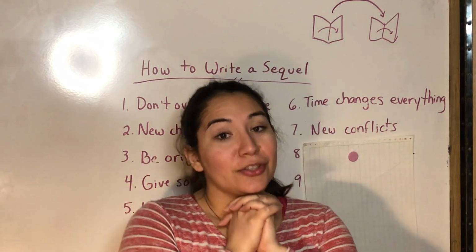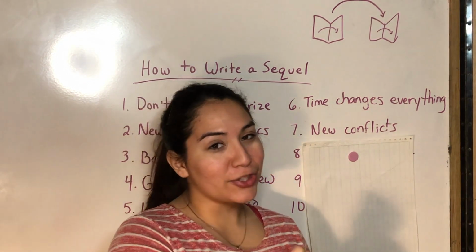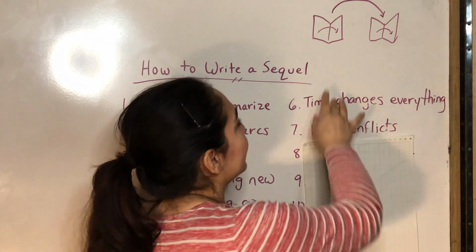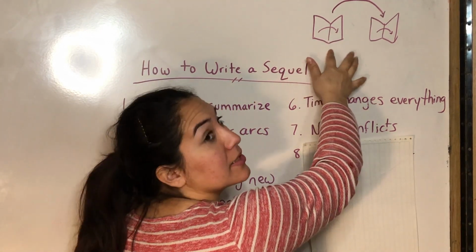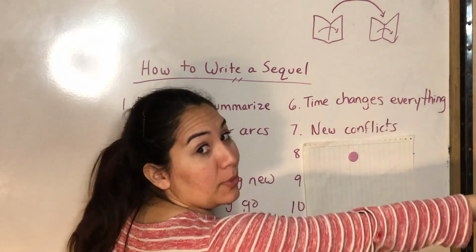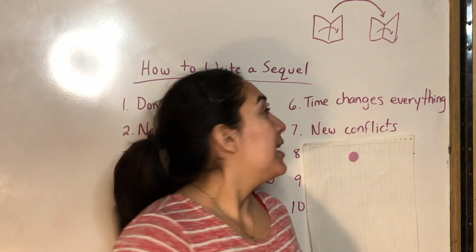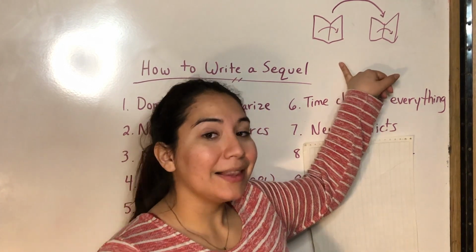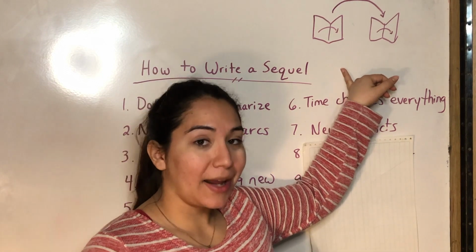Number 7 should be new conflicts. Again, I'm going to put some fresh juice into this book. Let's look at the diagram again. So in book 1, we had some questions that got answered. In book 2, we're going to have more questions that should be answered. However, in book 1, there should be at least one question, great if there's 2, that were not answered.